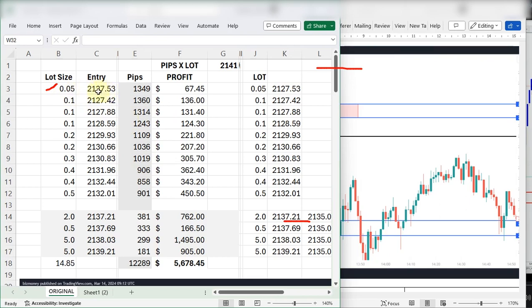On this first entry, you made 1,349 pips, and if you multiply that with this lot size, this is how much you made on this entry. So for the 10, I have inputted how much you made.